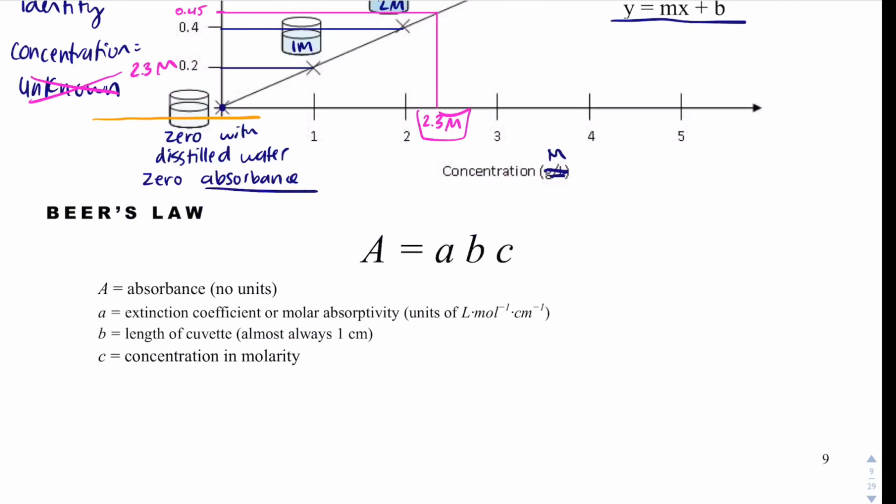Beer's law is what this law is actually called, where capital A is the absorbance, lowercase a is something called the extinction coefficient, or the molar absorptivity, and this is unique to each chemical. B is the length of your cuvette.